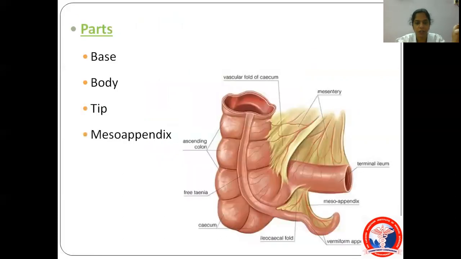Now we'll see about the parts of the appendix. In this picture, you can see the appendix. It is seen in the posteromedial wall, 2 centimeters below the ileum. It consists of base, body, and tip. This is the base, this is the body of the appendix, and this is the tip of the appendix.